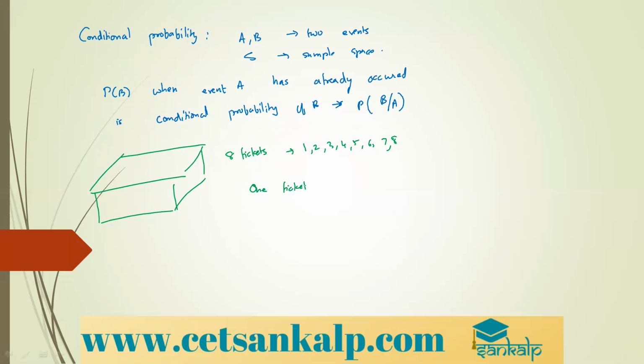So you are drawing one ticket at random, and it is kept aside. So this will affect the second draw. Then second ticket is drawn.